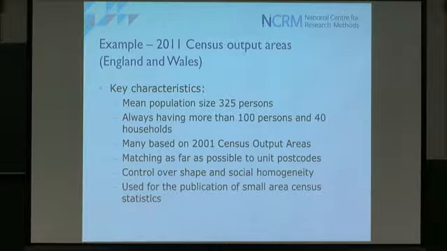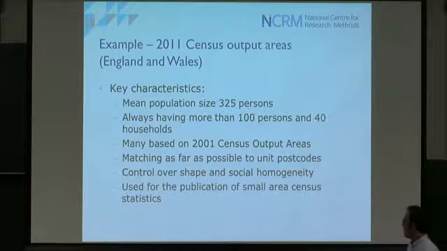So one example which is nice is the 2011 census output areas, which were a design where the mean population size was a target of 325, and then there were specific requirements in relation to the number of individuals and the number of households which must be within that zonation.